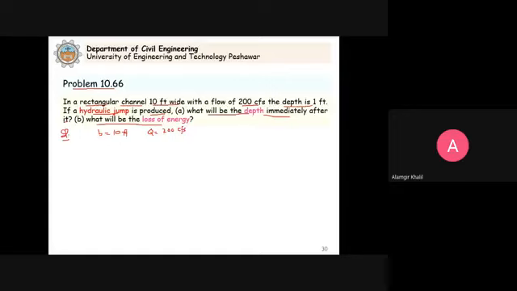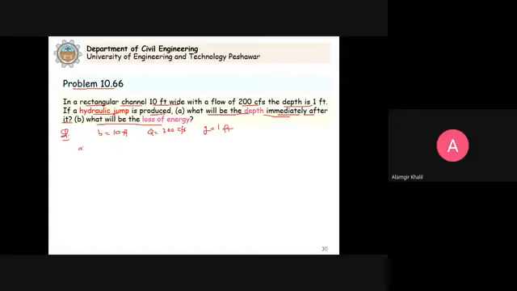The depth that is given is 1 foot. Now we have to calculate the depth immediately after, if the hydraulic jump is produced. So what will be the depth immediately after it?